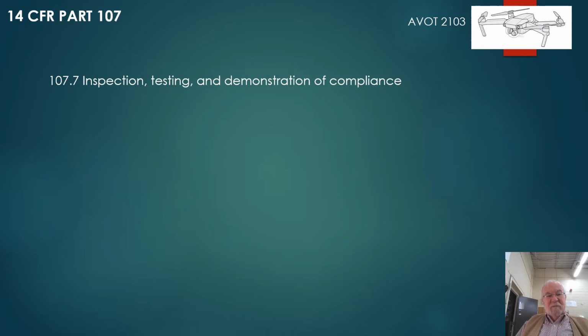107, paragraph 7, inspection, testing, and demonstration of compliance. This is basically allowing the administrator of the FAA, or his designated representative, to ask for your registration certificate or your pilot's license at any time.